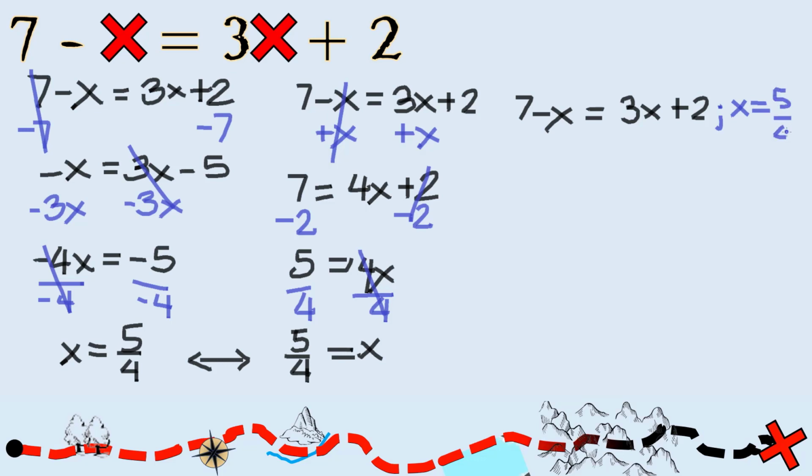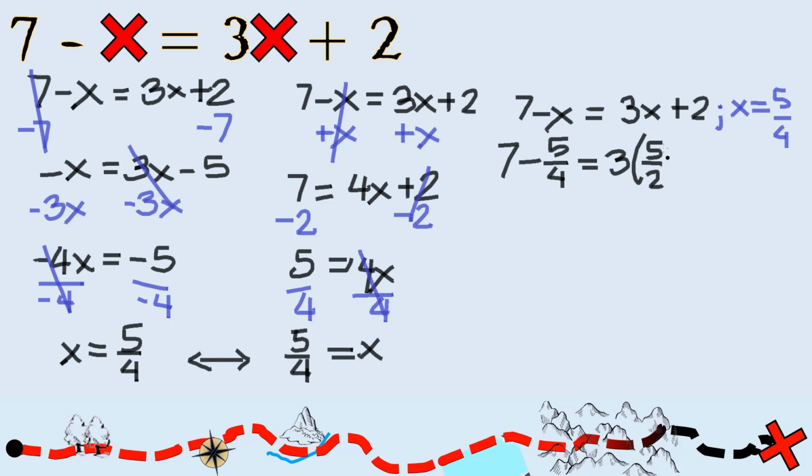As mentioned, this checking is not a necessity, but for us to practice and of course for us to have a way of checking our answer, we will do this. So we will simply substitute 5/4 for x.